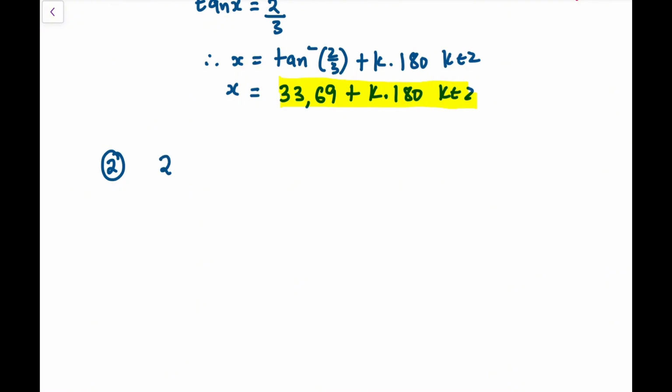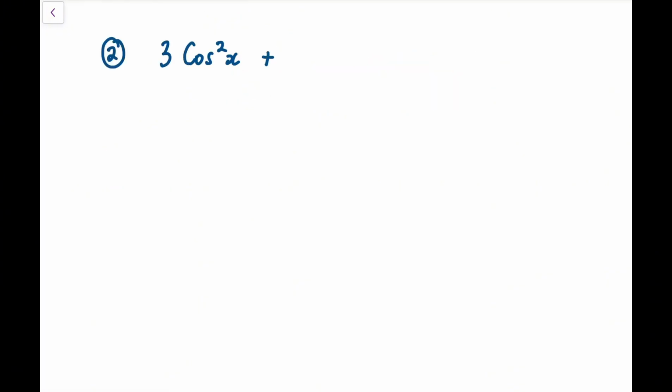If we have 3 cos squared x plus 4 cos x minus 2 is equal to sine squared x. So now with this question, again, we are required to find the general solution.